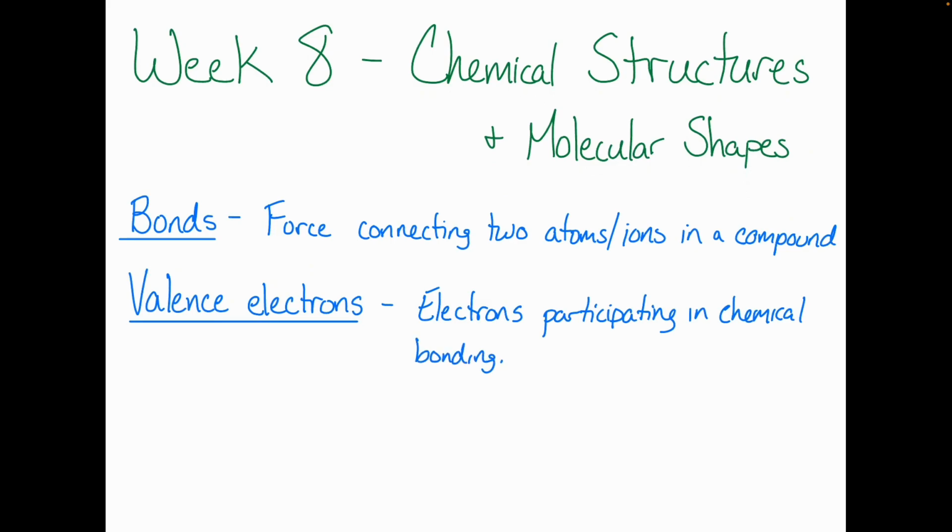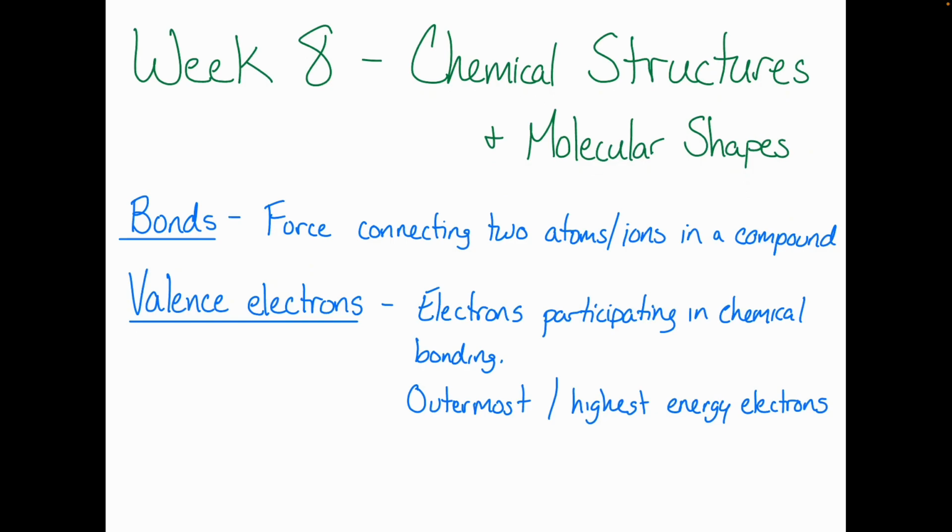All right, valence electrons are also sometimes called the outermost or highest energy electrons. All right, they are physically the electrons that are held furthest away from the nucleus in the atom, and they're the highest energy ones. And again, the real important part about these valence electrons in an atom is that they're the ones that are going to participate in bonding.